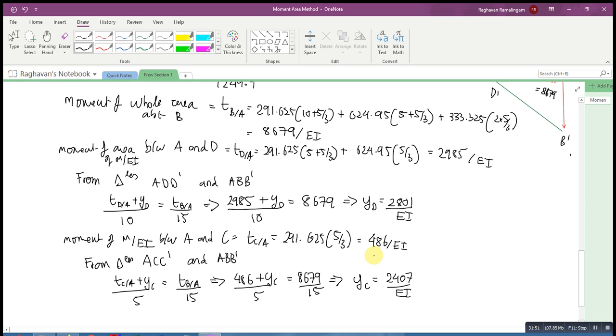So these are the two deflections under the points C and D. If you know the value of EI, you can go ahead and substitute.